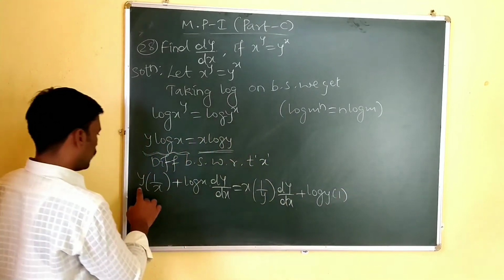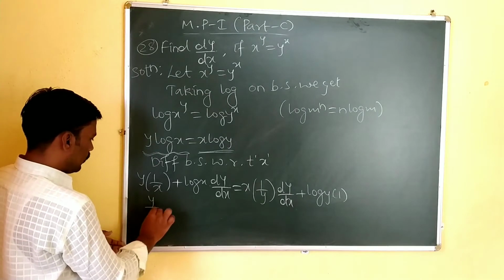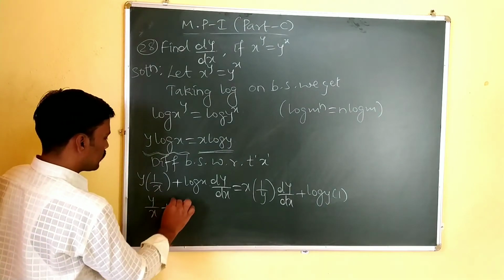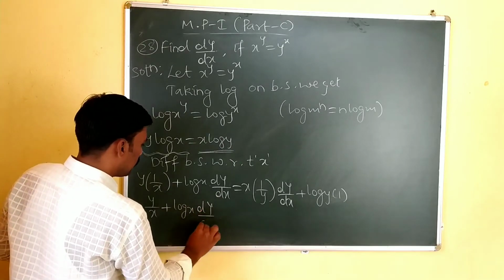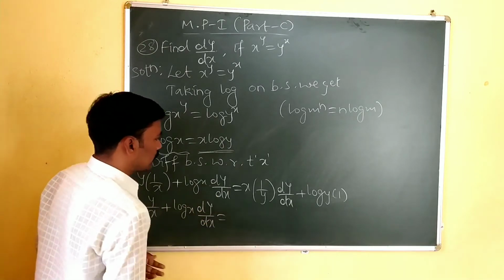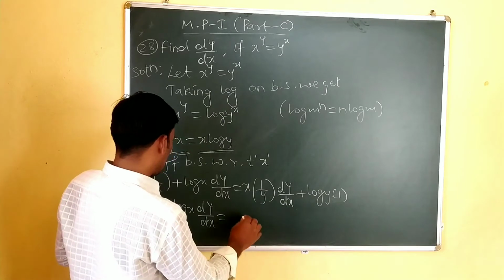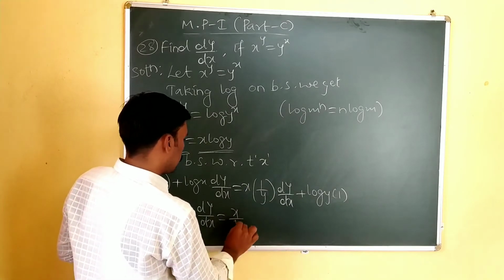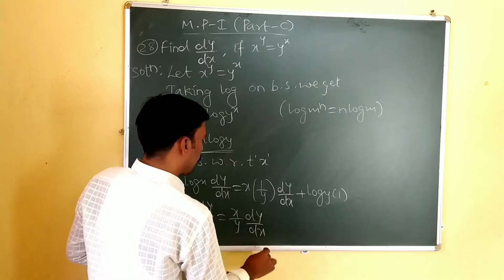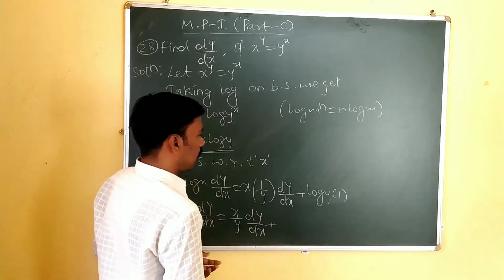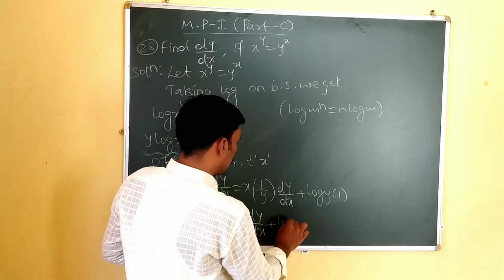Now, so y into 1 by x is simply y by x plus log x into dy by dx, that is equal to again x into 1 by y into dy by dx plus log y into 1 is log y.